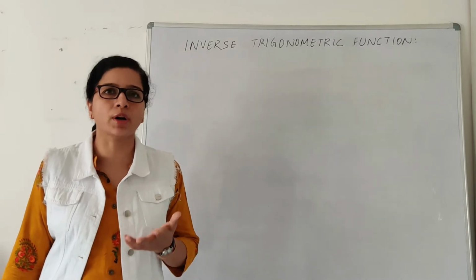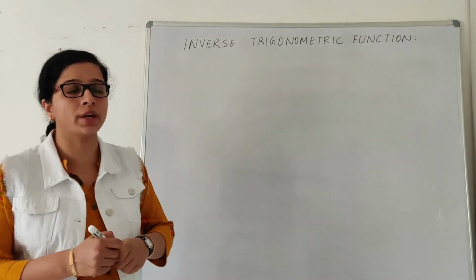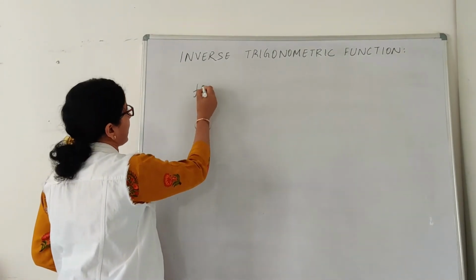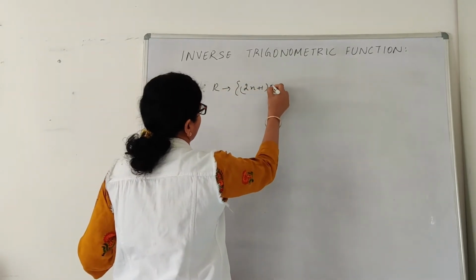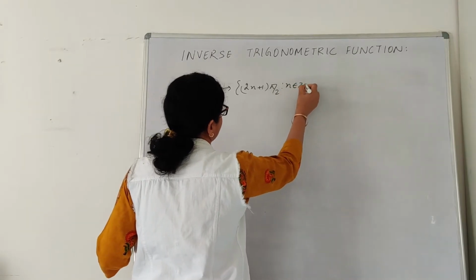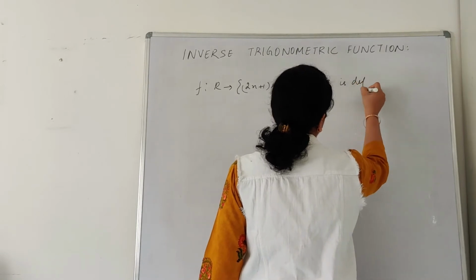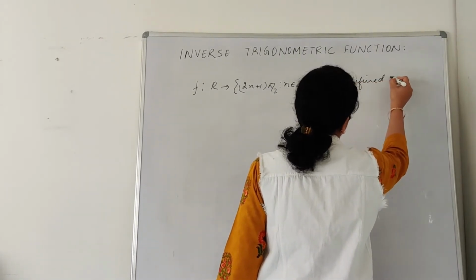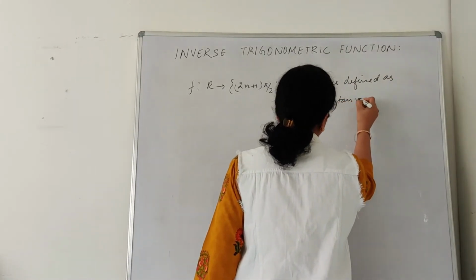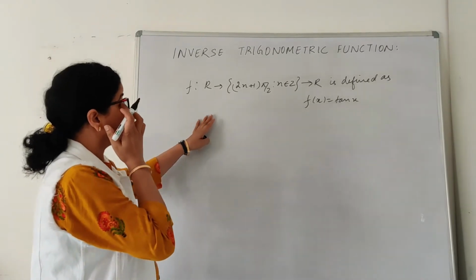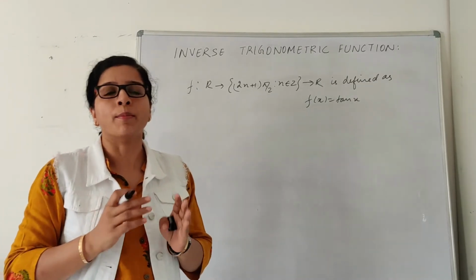So just now we studied the sine inverse function and cos inverse function. Now we will check the tan inverse function. Let us consider a function f from R minus (2n plus 1) pi by 2, where n belongs to Z, to R, defined as f(x) is equal to tan x. From this we can make out that my function is many one onto.